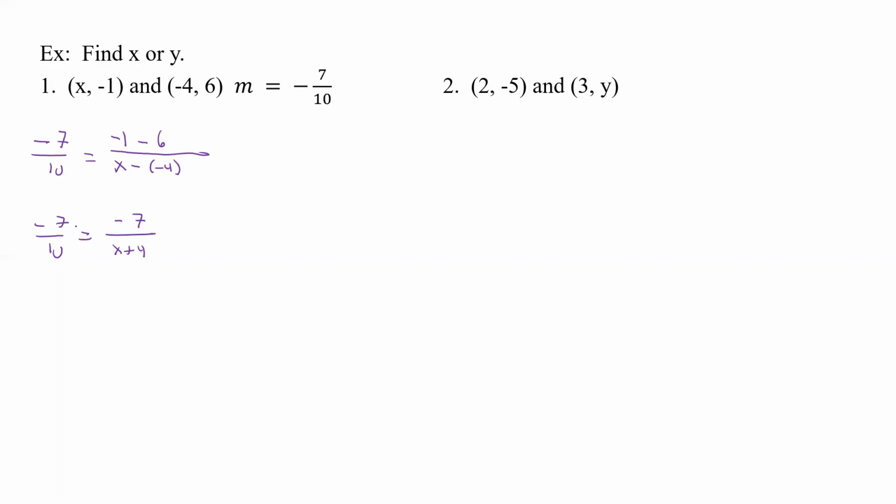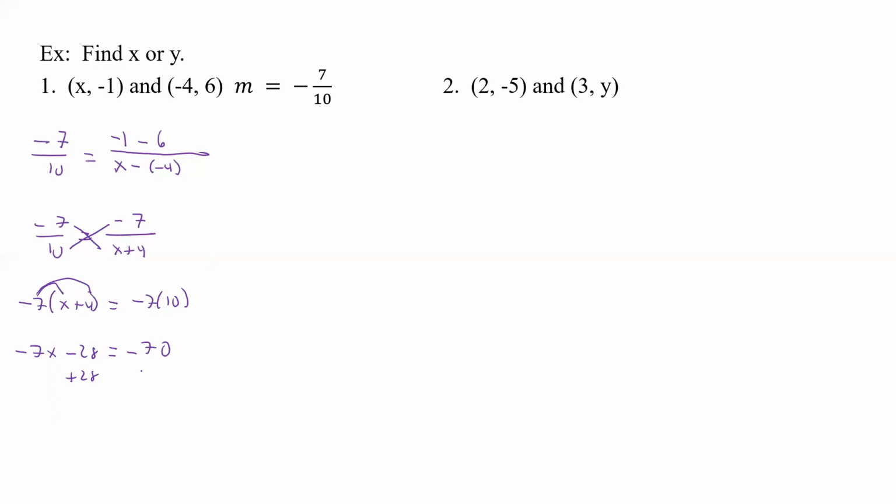Or we can continue on and do our cross product like we've been doing. So we'll have a negative 7 times x plus 4 equals negative 7 times 10. So that's going to be distributed across. And so we have a negative 7x minus 28 equals, and that's going to be a negative 70.